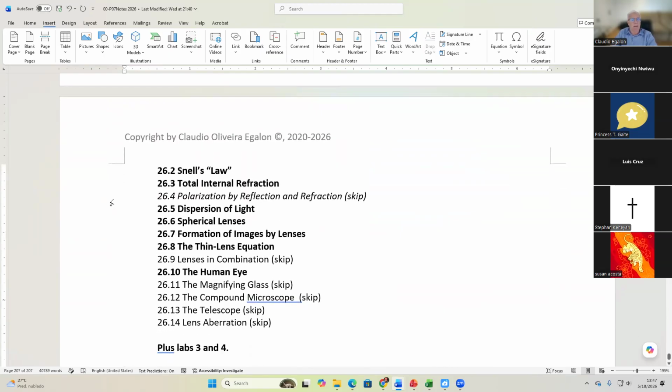Okay, plus labs 3 and 4. All this material, everything that's in boldface.